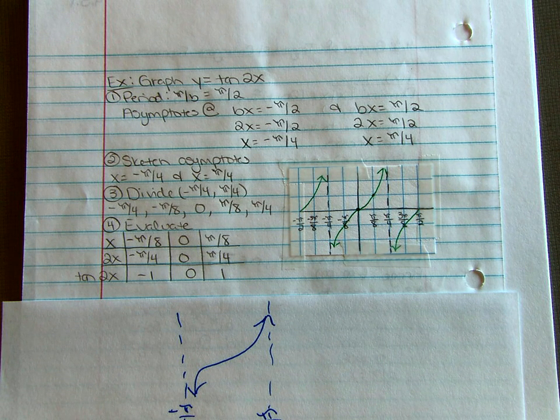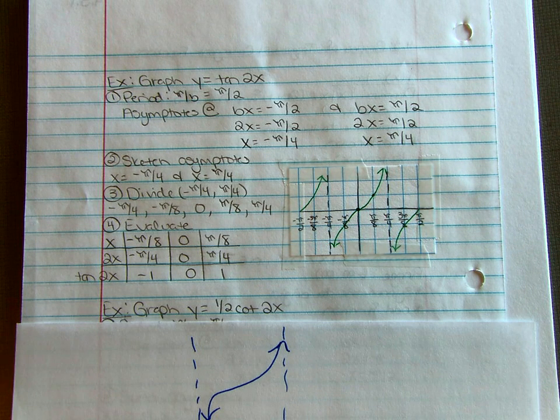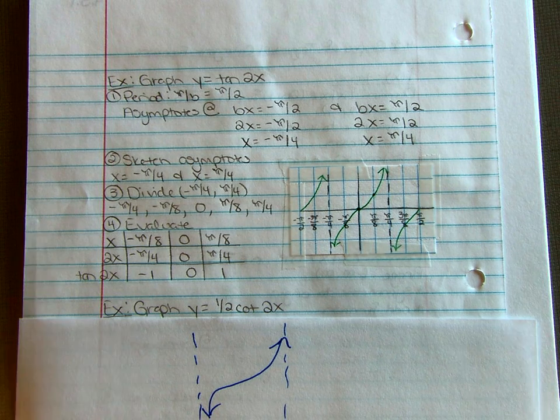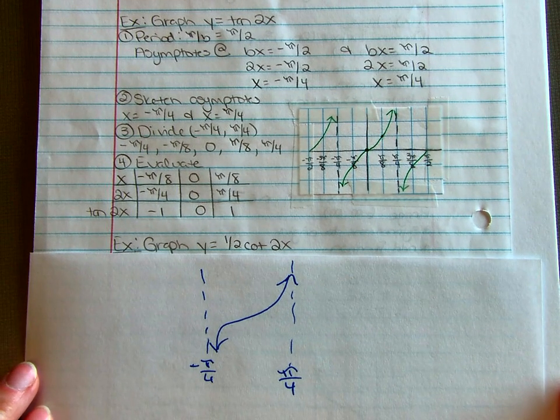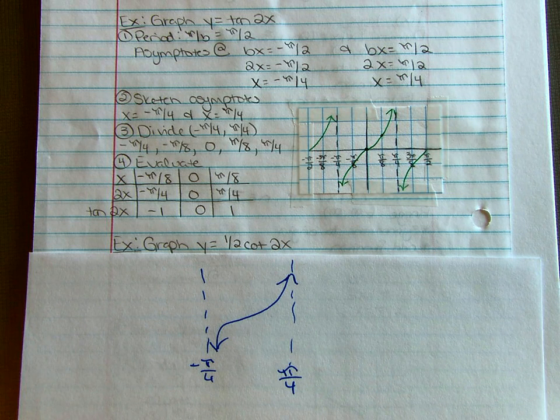Okay. Then let's try a cotangent one. I'll try to leave some of the tangent stuff up there too. So we're going to graph y equals 1/2 cotangent 2x. So again, this one's going to have a horizontal shrink by a factor of 2 because of that 2 inside the cotangent.